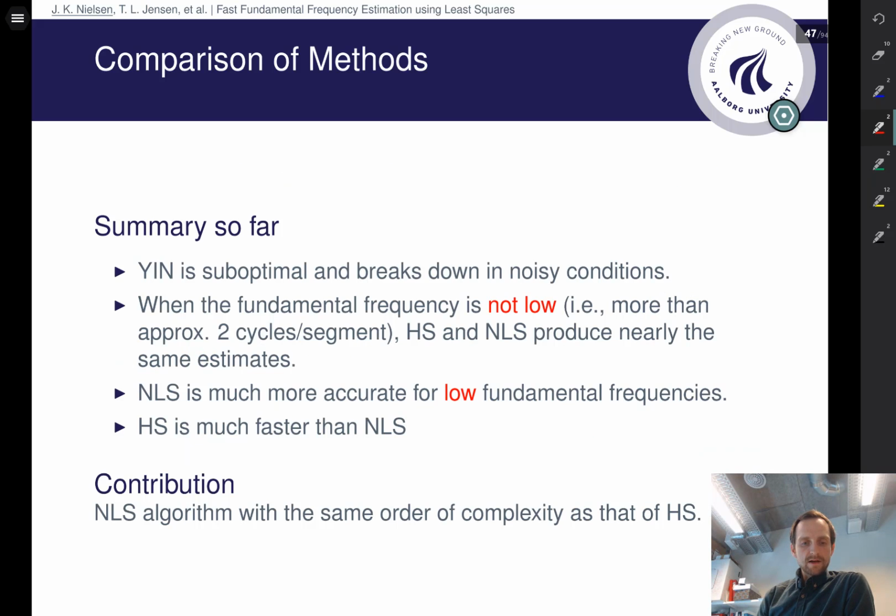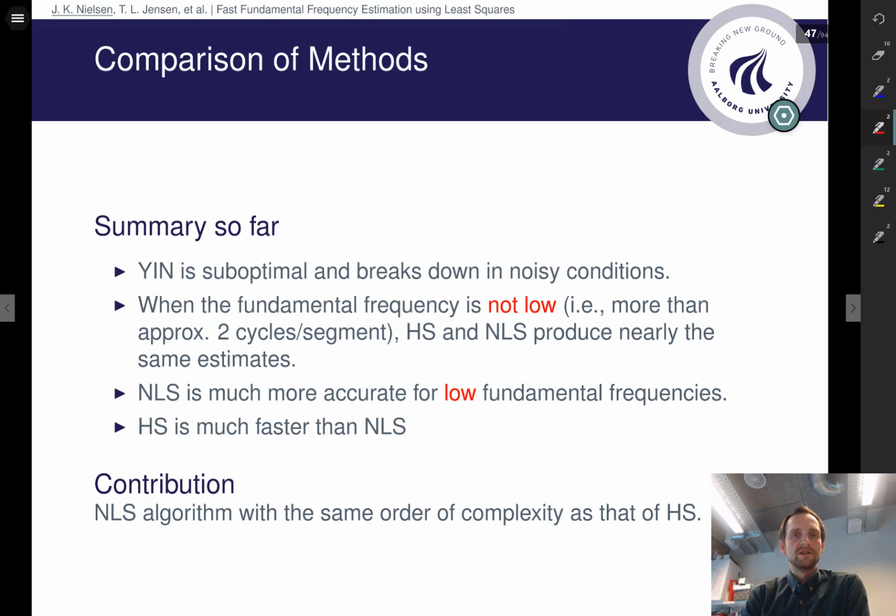Good. So this was a background on fundamental frequency estimation, and the main conclusion is that YIN, which should represent most of the autocorrelation-based methods out there, is suboptimal and it breaks down in noisy conditions.